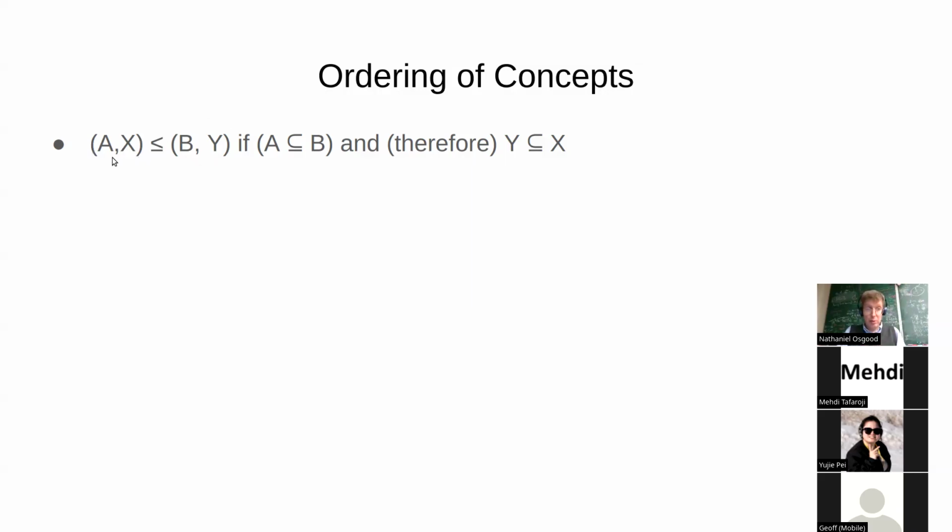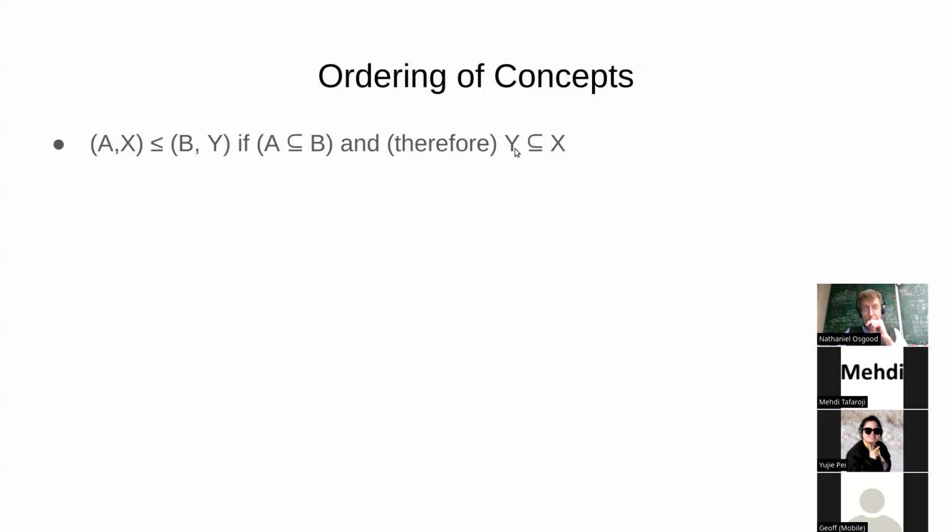So the objects will be these concepts. If we have one object, AX, and another object, BY, there'll be a morphism saying AX is less than or equal to BY if A consists of a subset of B's objects, something no bigger.